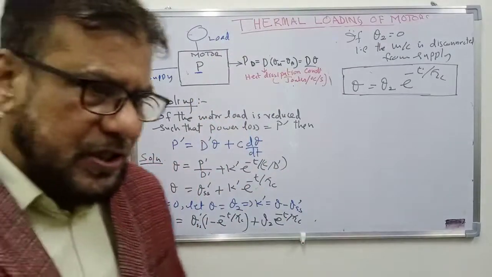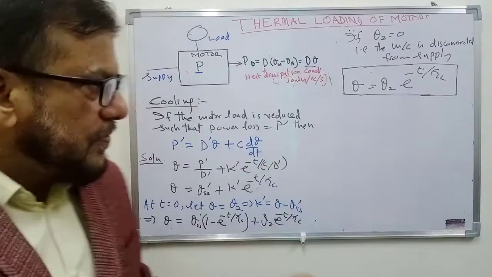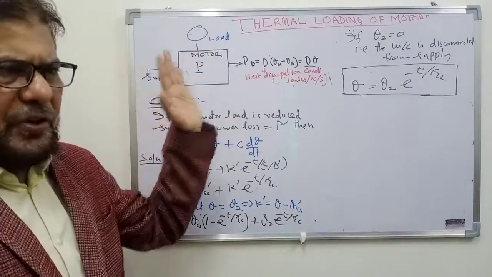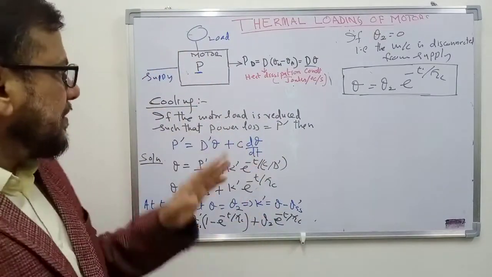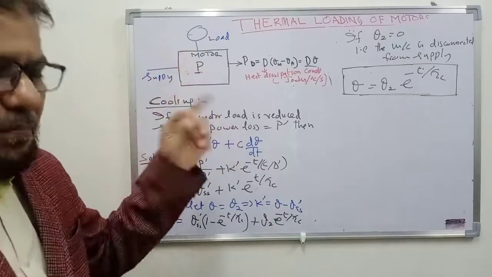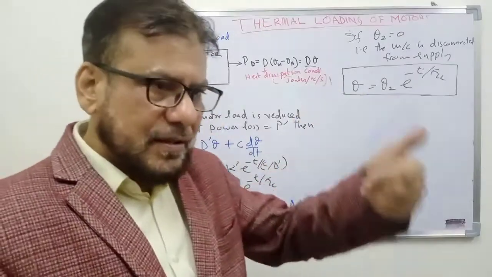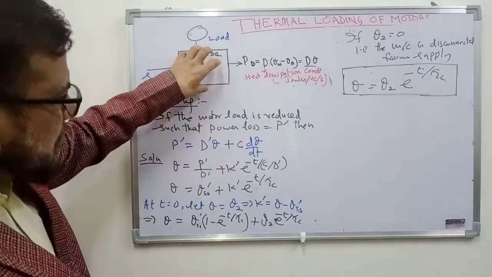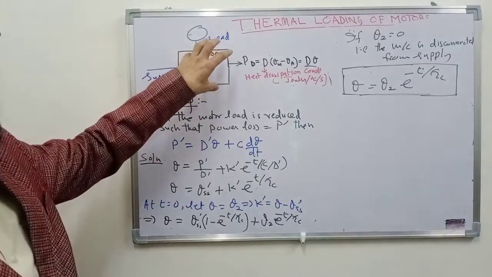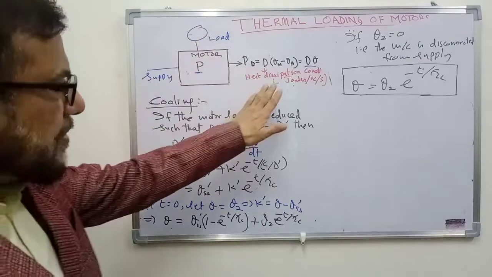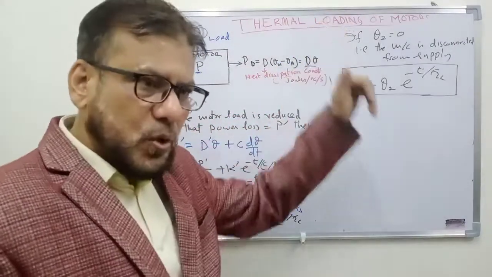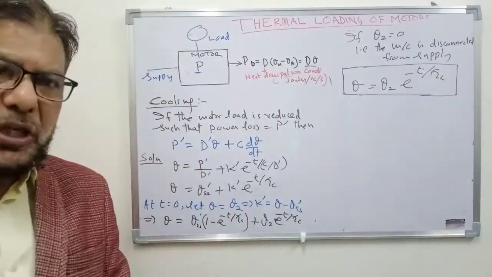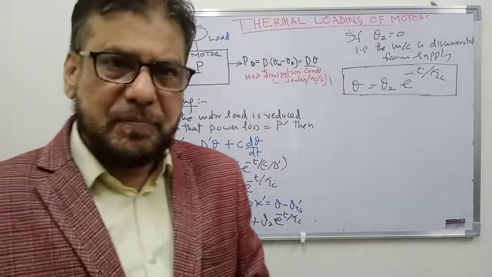In the second situation, this may happen that we have just removed the load or reduced the load such that losses are taking place, but they are less than the earlier losses. In that case, the motor's heat generated will become less. Heat dissipation is high. The motor will cool down, and it will settle to a new value of steady state temperature rise.